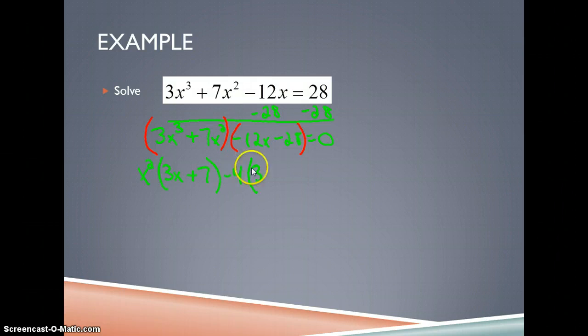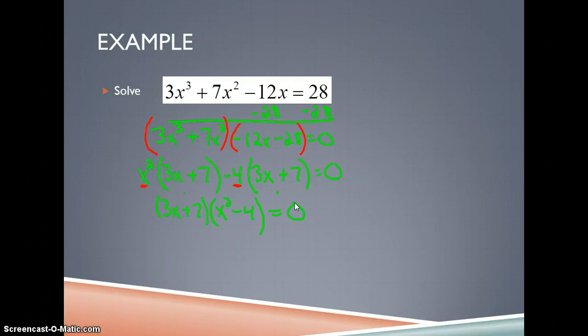That'll give me positive 3x plus 7 equals 0. And that's good because we end up with the same thing in both sets of parentheses. So what we do now is we factor out the 3x plus 7. Factor that out there. And then we also have x squared minus 4. Remember, those come from right here. That makes the other set of parentheses.